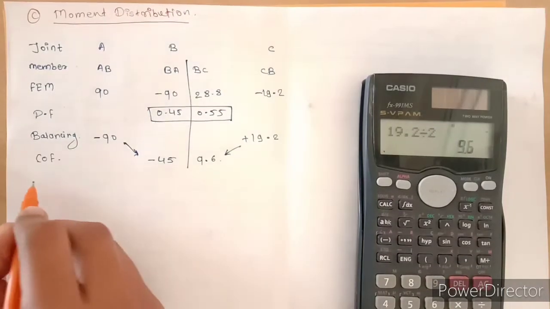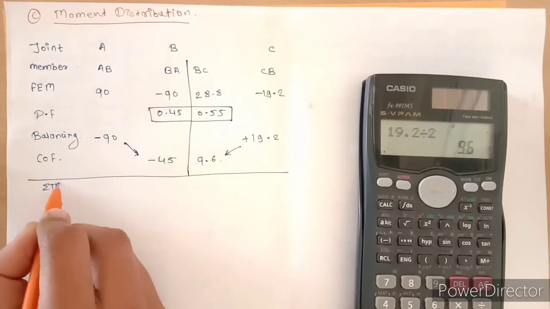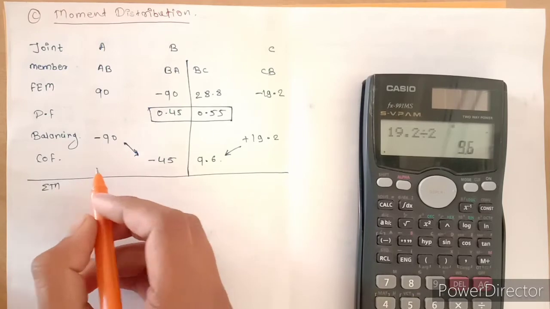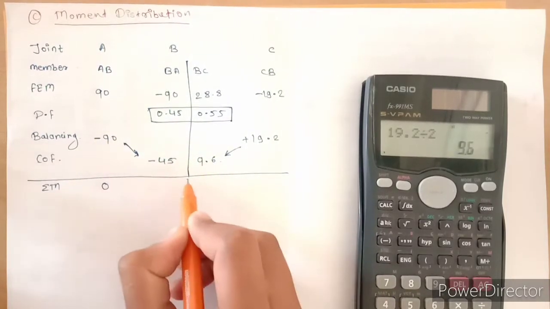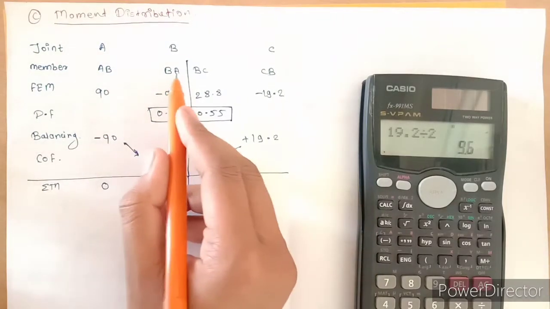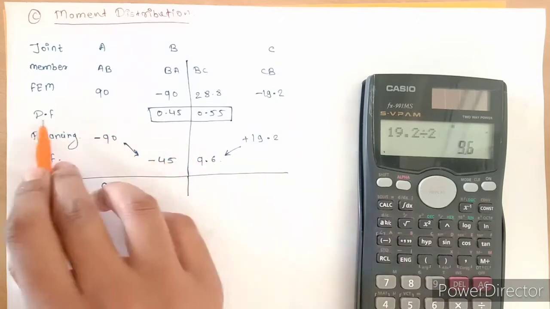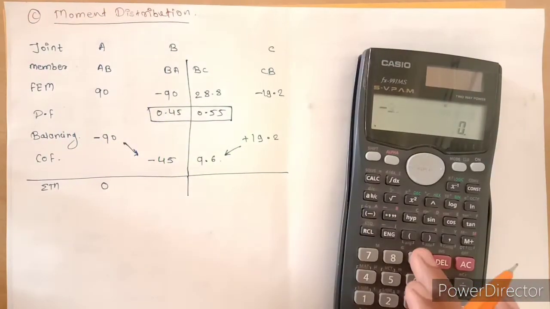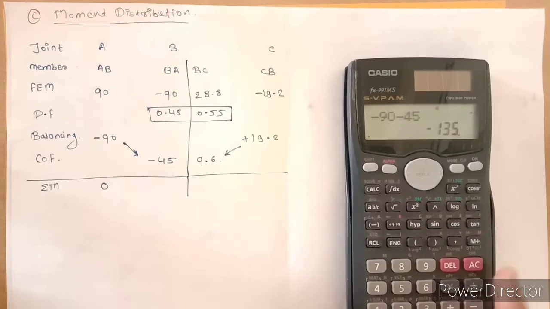And then last, the final moment, that is the summation of M. Here 90 minus 90 is equal to 0. Then for the BA member, add all these values excluding the distribution factor: minus 90 minus 45 is minus 135.